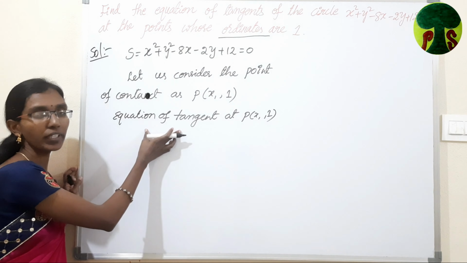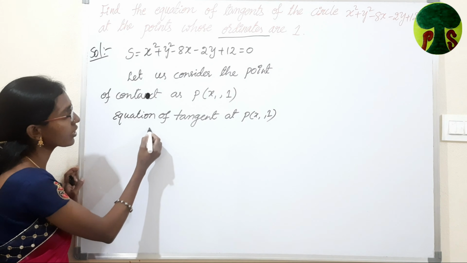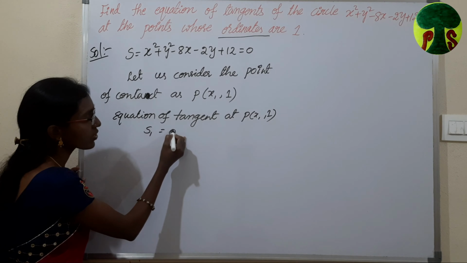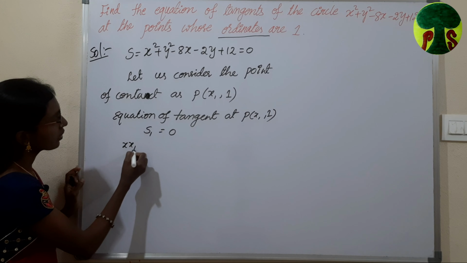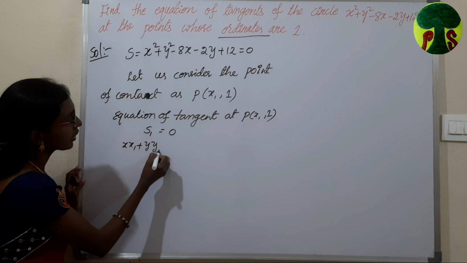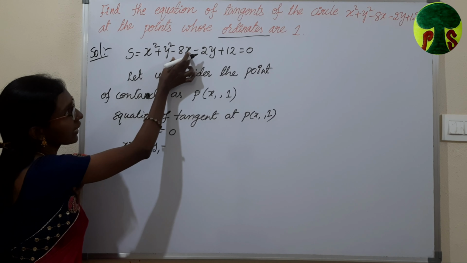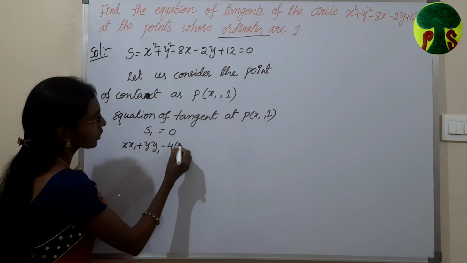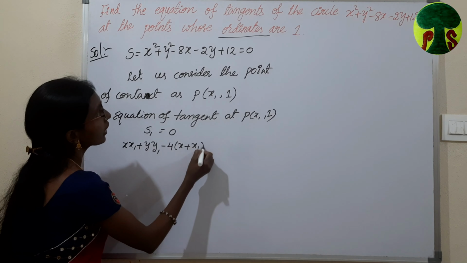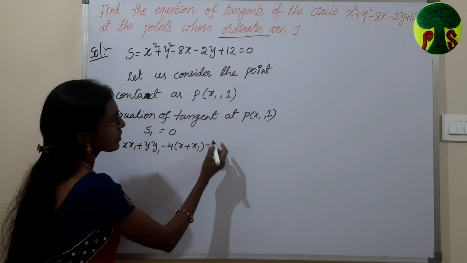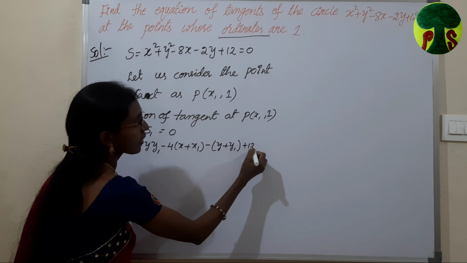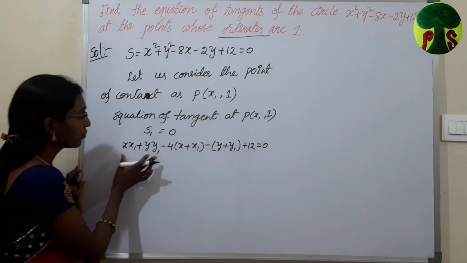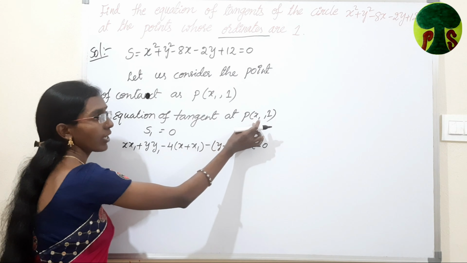The equation of a tangent formula is S1 equals 0. S1 is nothing but x x1 plus y y1 minus, we can express 8x as 4 into (x plus x1), minus 2y as (y plus y1), plus 12 equals 0. So, we have to substitute the x1, y1 values.